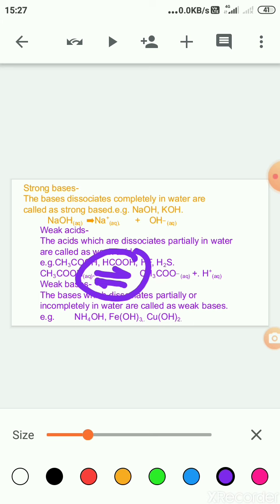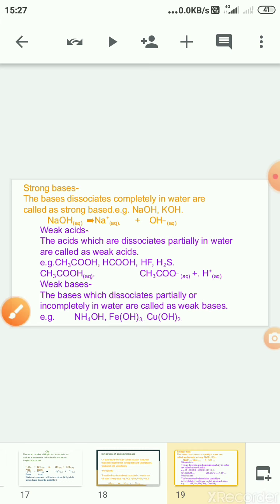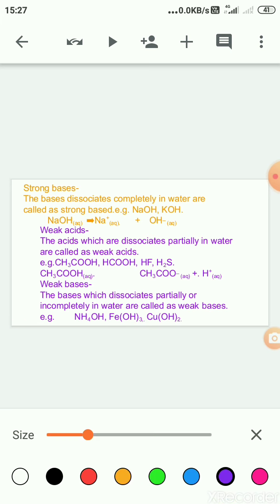Okay, in the same way we can apply the concept for the weak bases. Examples of weak bases are ammonium hydroxide, NH4OH, ferric hydroxide, Fe(OH)3, and cupric hydroxide, Cu(OH)2. All these compounds in water form OH minus ions as well as metal ions or ammonium ion.